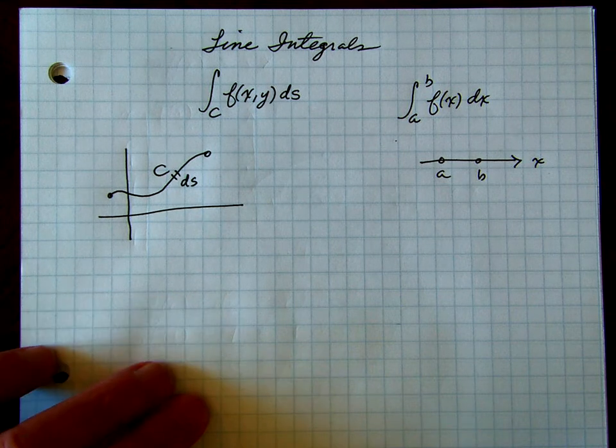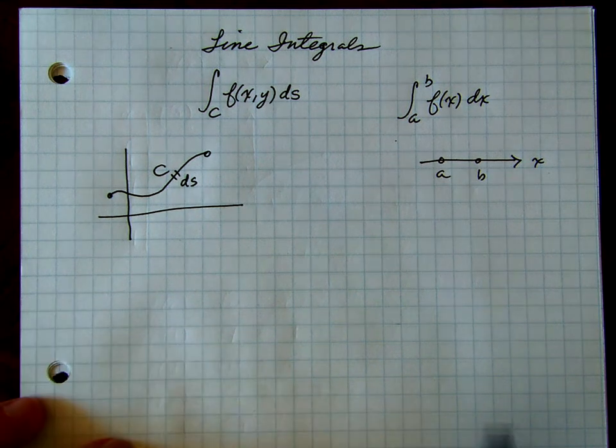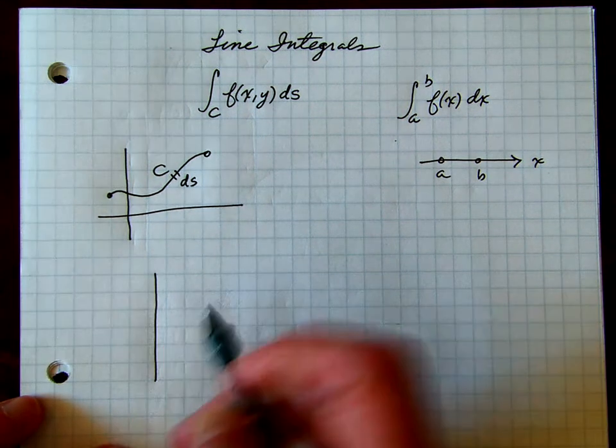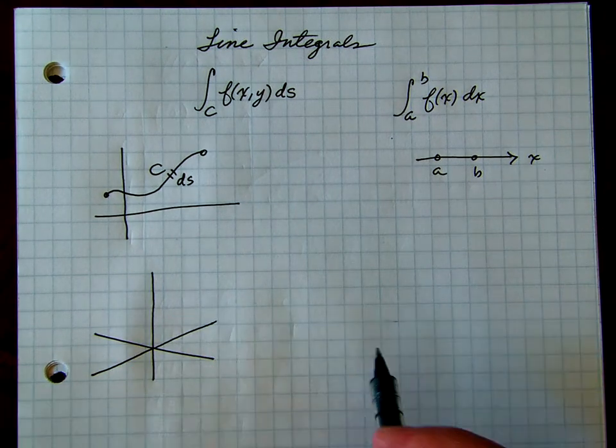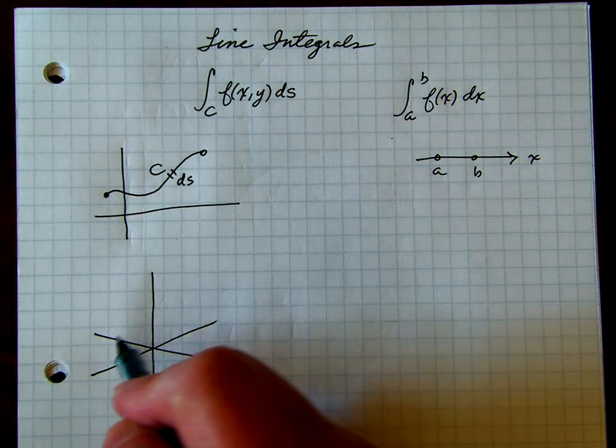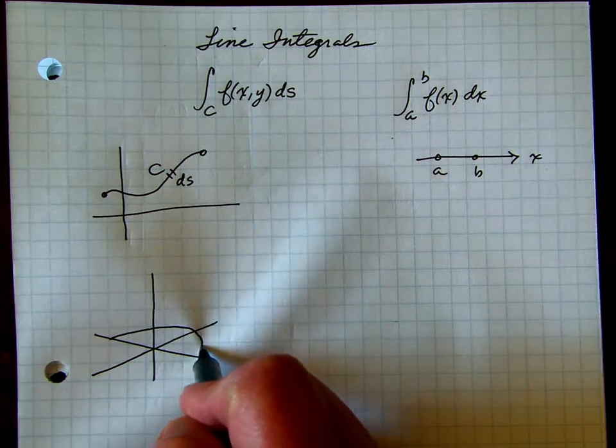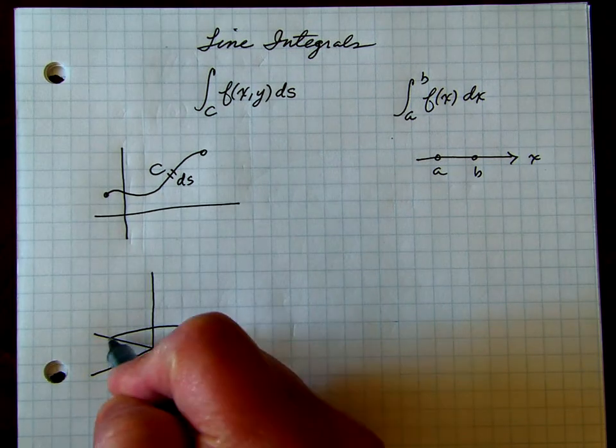In particular, let's take an example where I'm in the XYZ system and I have a circular arc, a semicircle, okay?